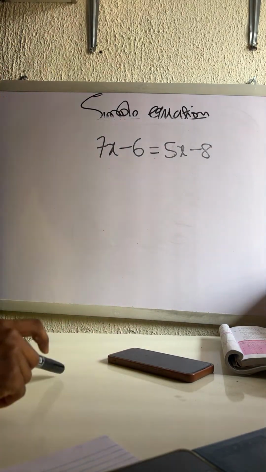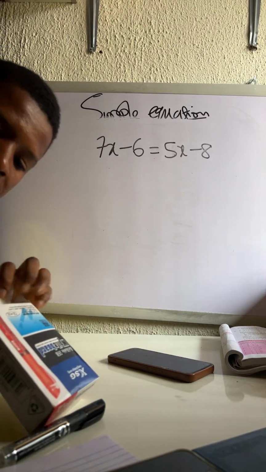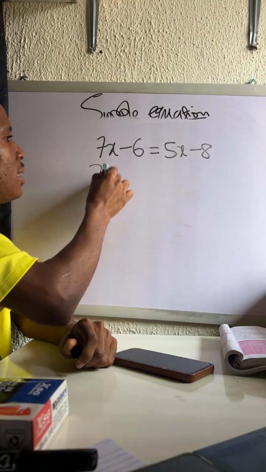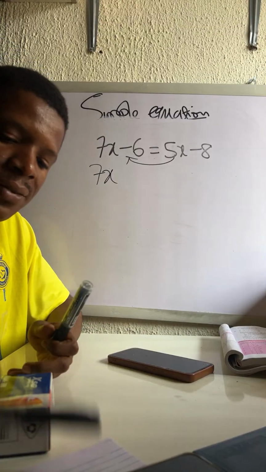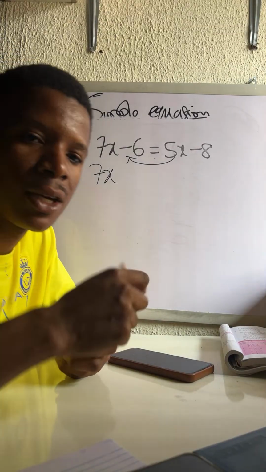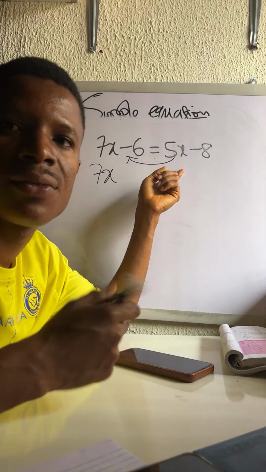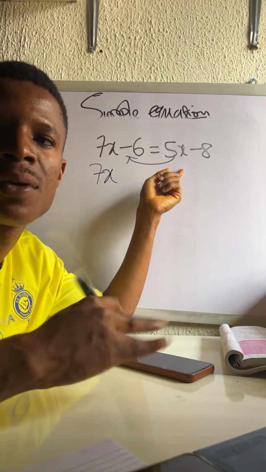Let's find the value. To find the value, it is very, very simple. You have 7x. Once 5x crosses the equality sign, does it become negative or positive?